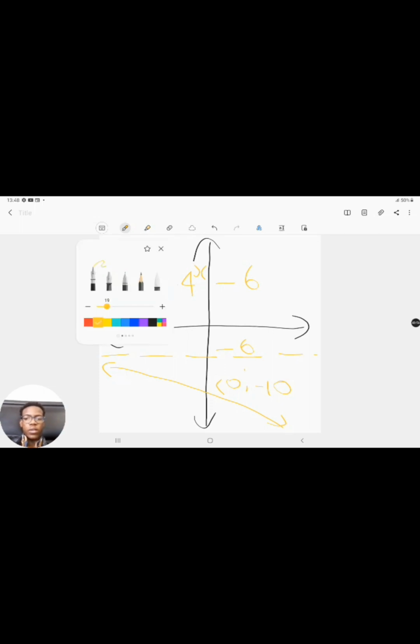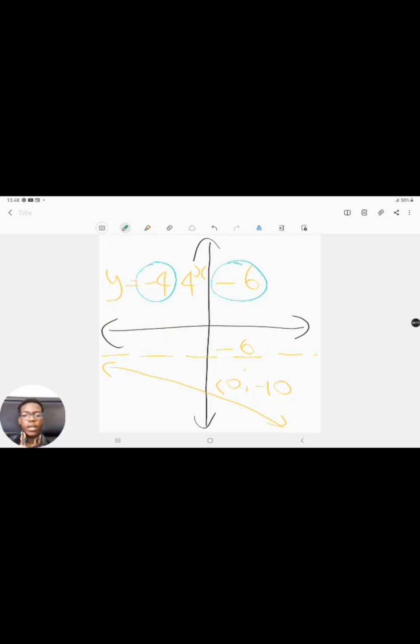You'll see that we've combined the influence of B and we've combined the influence of C. Okay, so C moves the entire graph with the asymptote by C units vertically. And then B only scales your graph.